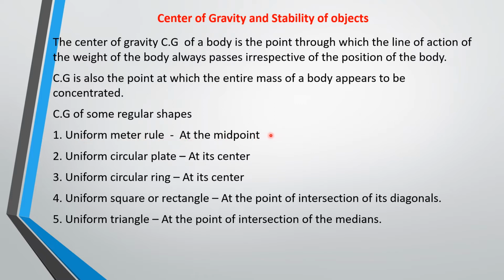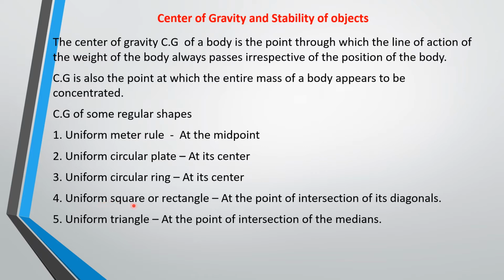So assuming you are solving a problem on moments, and the question says a uniform meter rule, once you hear that word uniform, it means that the center of gravity of that meter rule is at the midpoint. Then for a uniform circular plate, the center of gravity is at the center. The same thing for a uniform circular ring, it is also at the center.